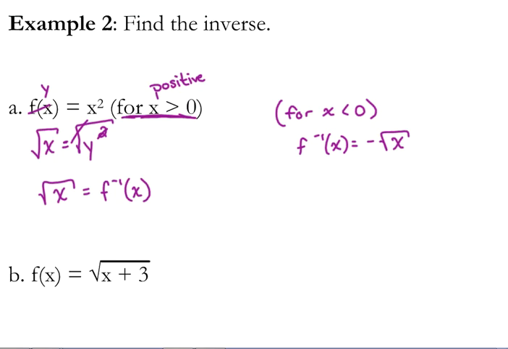Okay, so what's in parentheses? This really only applies to square roots. If it's greater than, it means consider the positive square root. If it's less than, consider the negative square root. Okay, so two different scenarios there, but same function.